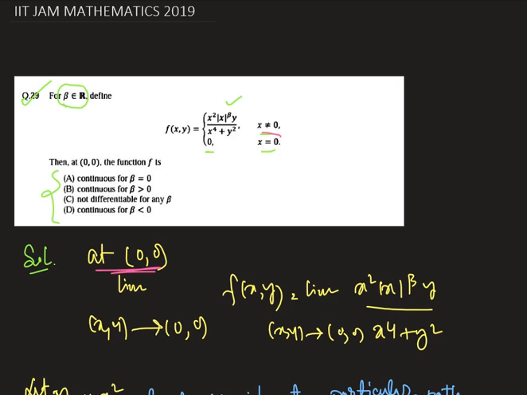Because we are given that if x is equal to 0, the value of the function is 0. Therefore, if at the 0 point the limit of f(x,y) as (x,y) tends to 0 is equal to 0, then we can say that the function is continuous, and therefore the right answer is option B.